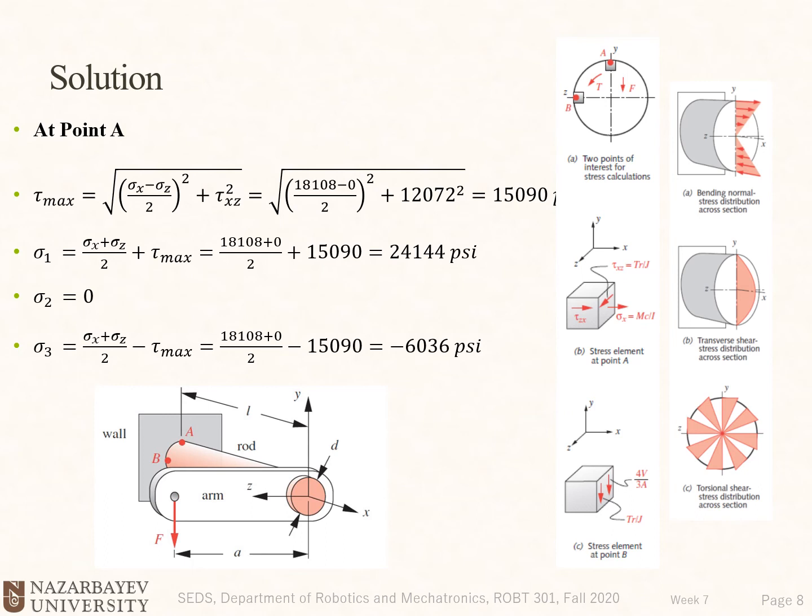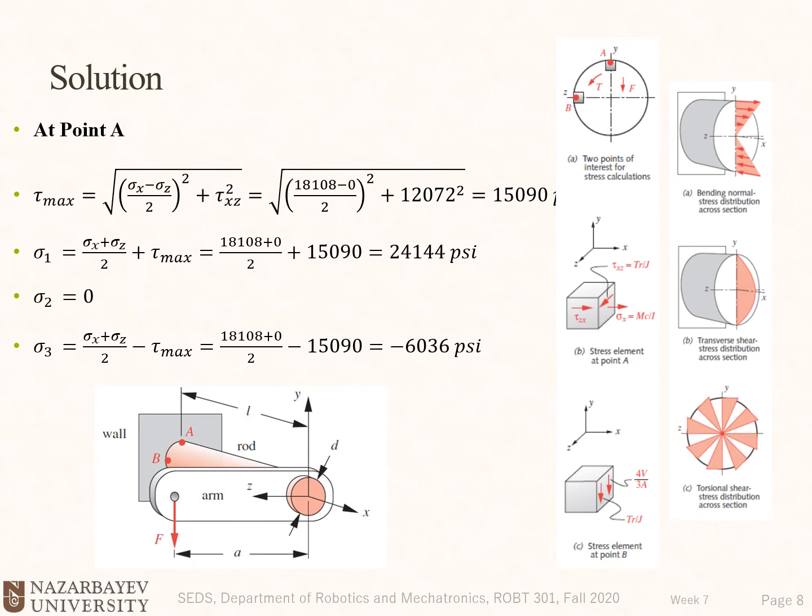Now we have tau max. We could find sigma 1, sigma 2, and sigma 3. Sigma 1 is sigma x plus sigma z divided by 2 plus tau max. Sigma 3 is sigma x plus sigma z divided by 2 minus tau max, and sigma 2 is 0.